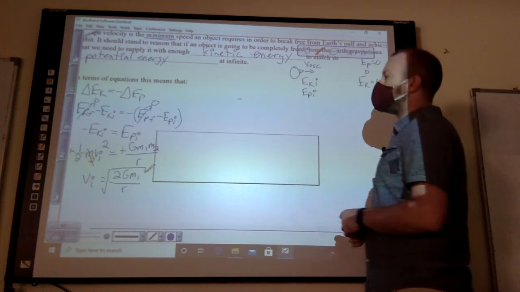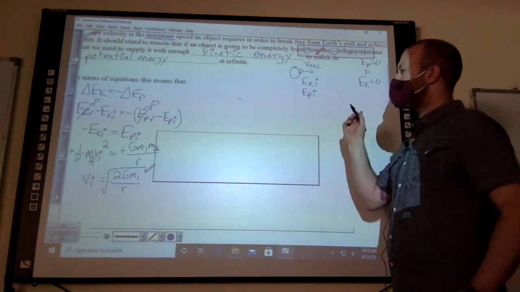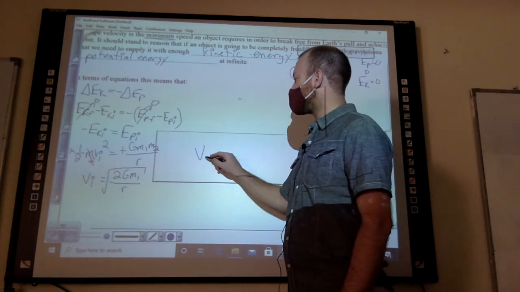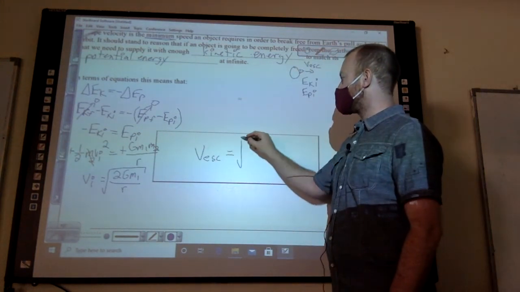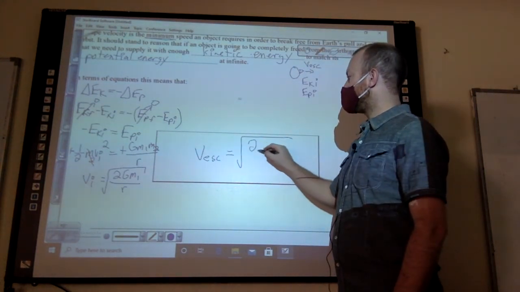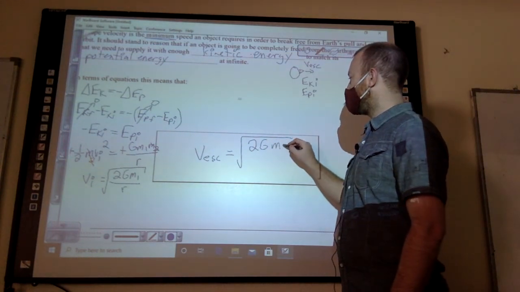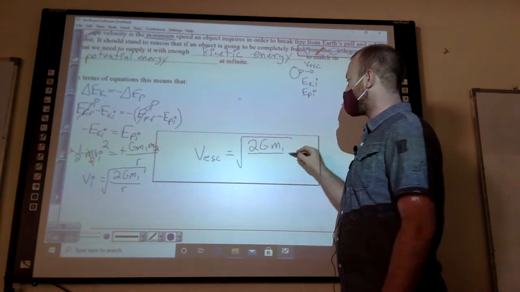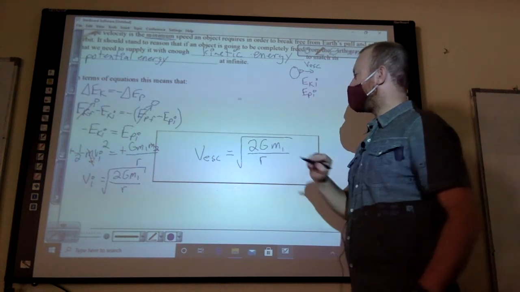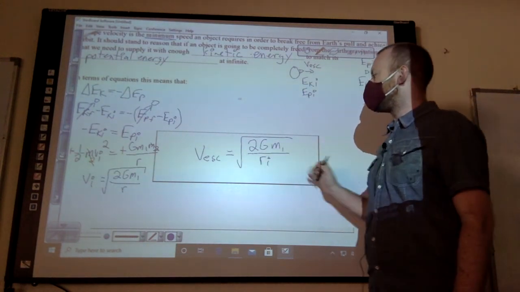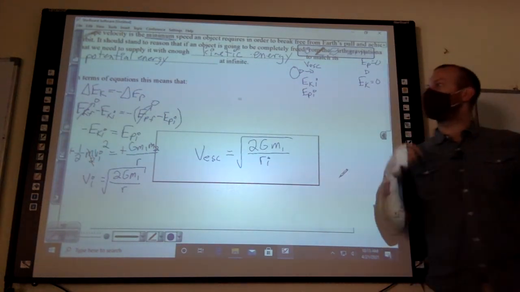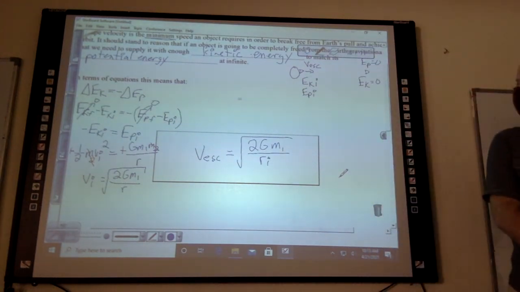So from this bit of information, we can now create a V-escape equation, escape velocity equation. So V-escape equals the square root of 2g m1, whatever the mass of the planet is, divided by r, and specifically this is the initial radius. Wherever I am in position to the planet, that's ri.